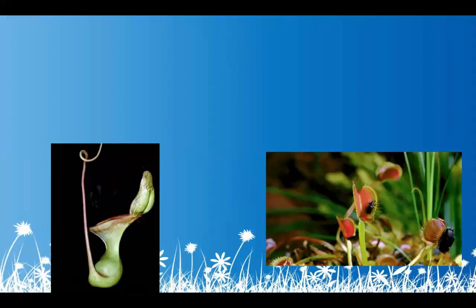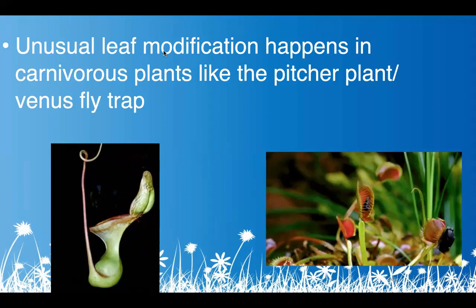Another adaptation of a specialized leaf is what you see here in the Venus flytrap on the right-hand side, and on the left-hand side, we have what's called the pitcher plant. I do believe you have those here in Thailand. The Venus flytraps, I think, grow in Indonesia. I'm not really sure.